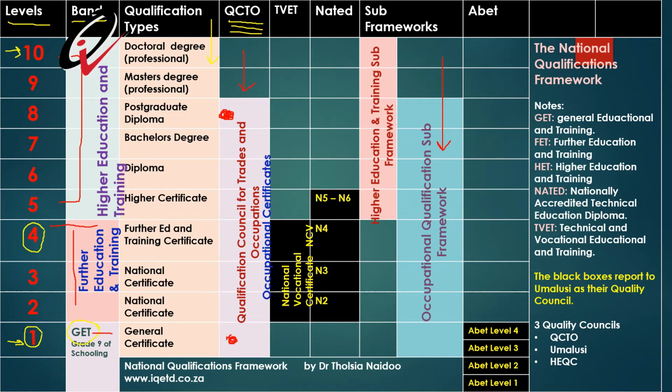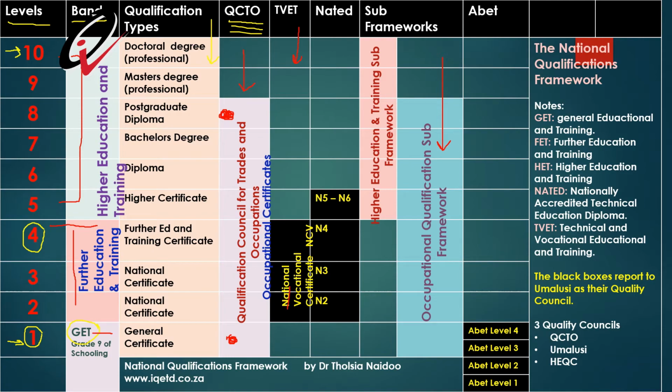If we look at the TVET colleges, that's in the next column, you will find your National Certificate Vocational, your NCV programs, between levels 2 and 4. This is the space that the NCV programs and your TVET colleges play in. Then you must have heard of the N1, N2 to N6.